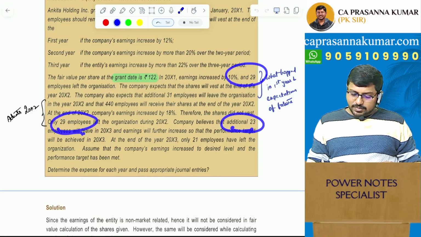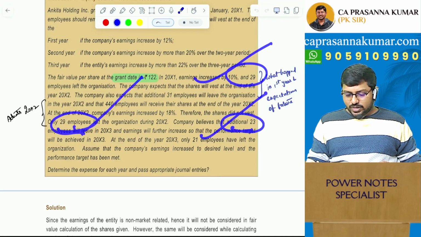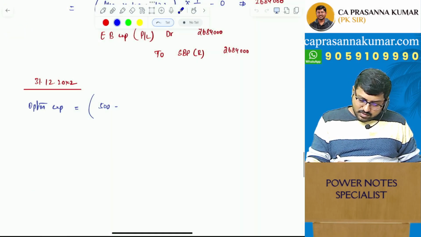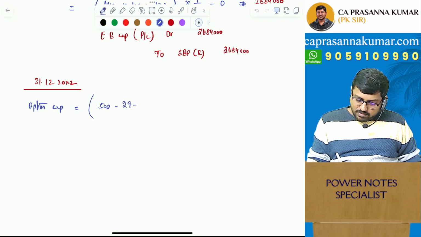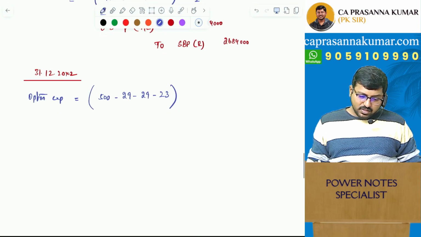23. 23 is the expectation. So finally what you should do: 500 minus actual in year 1, 29, minus actual in year 2, 29, minus expectation in year 3, which is 23. Got it?